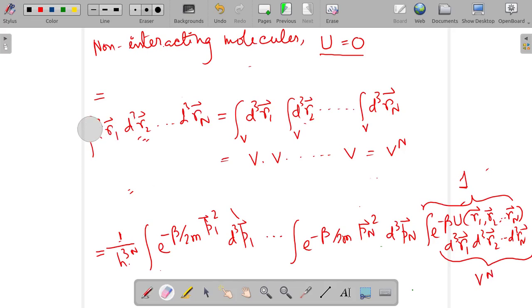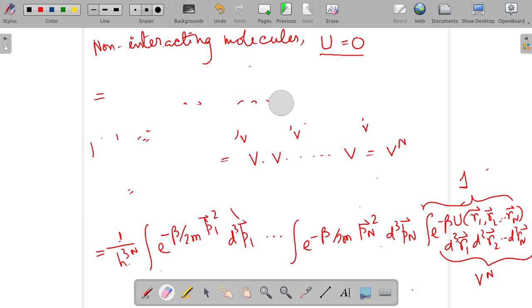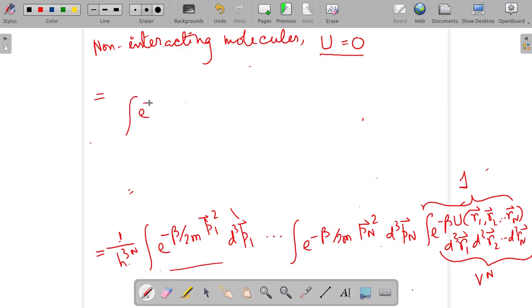And what about this part? Let us evaluate e to the power minus beta by 2m p square d3p.